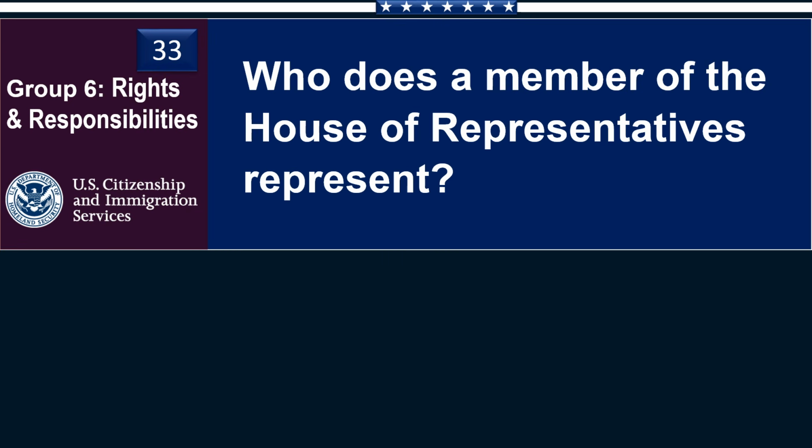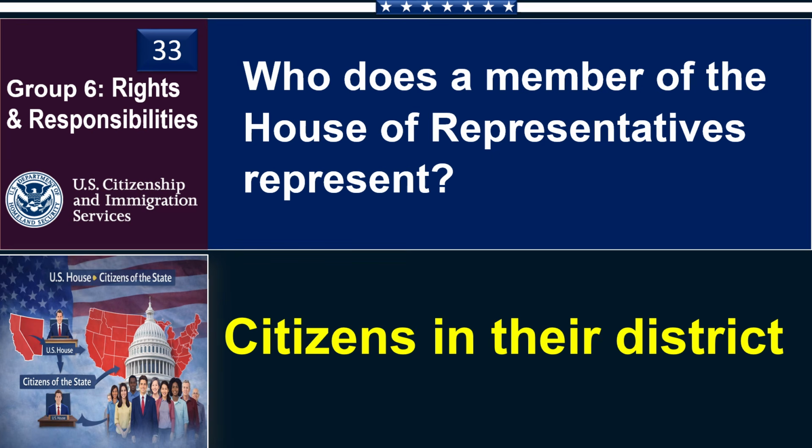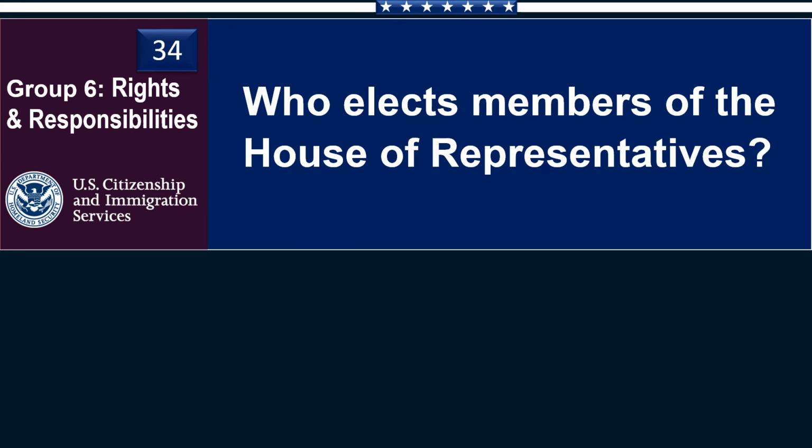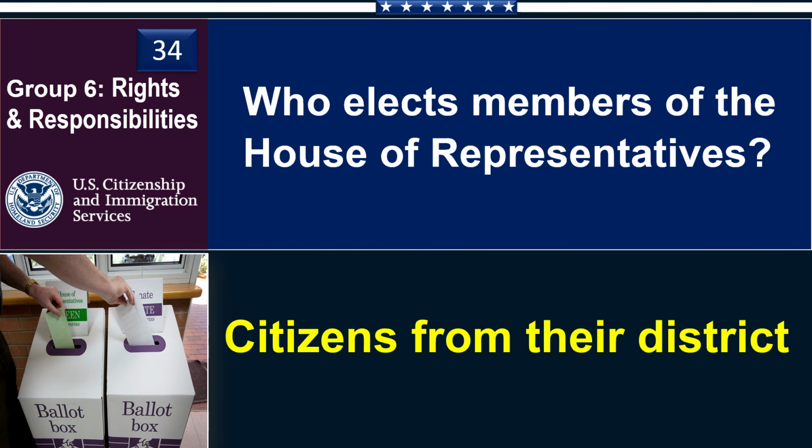Who does a member of the House of Representatives represent? Citizens in their district. Who elects members of the House of Representatives? Citizens from their district.